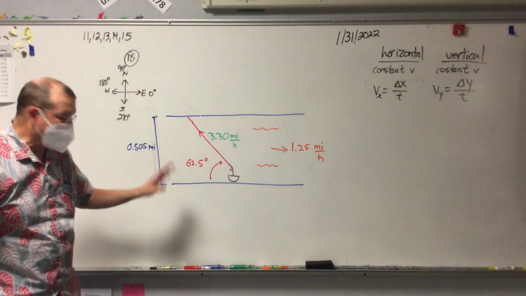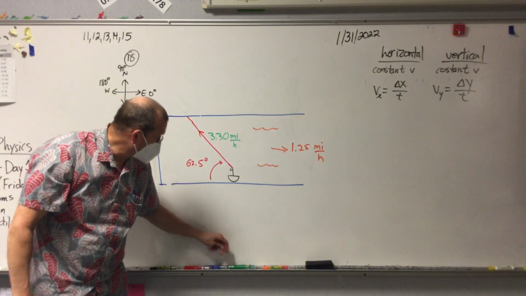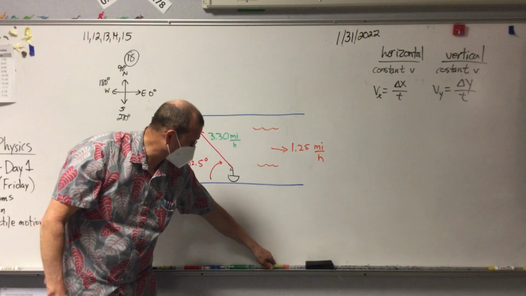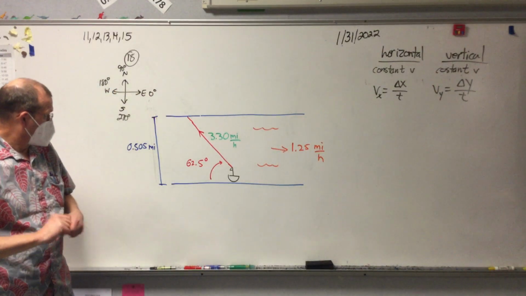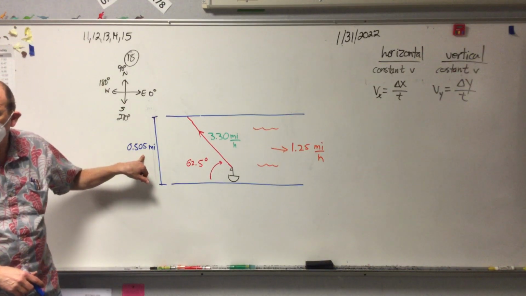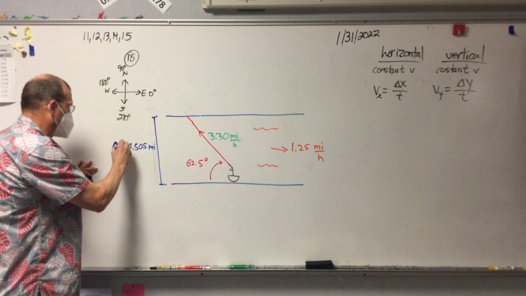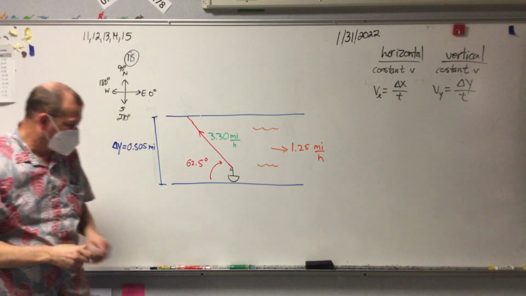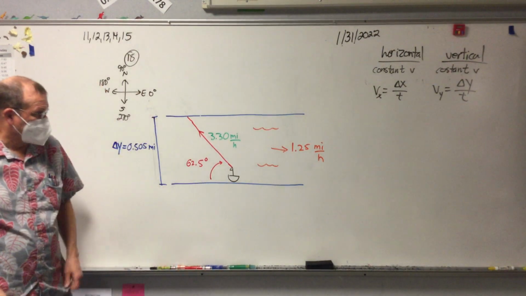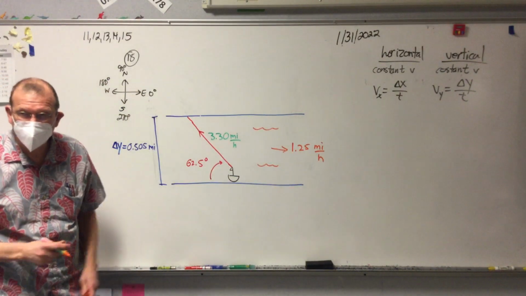So, getting into identifying stuff. What is our 0.505 here? Delta Y. Okay. What is our 1.25?